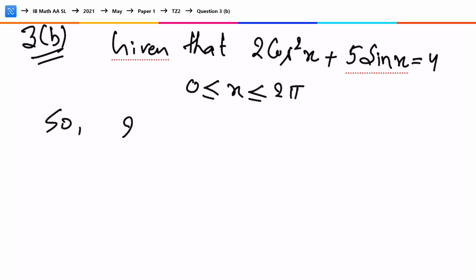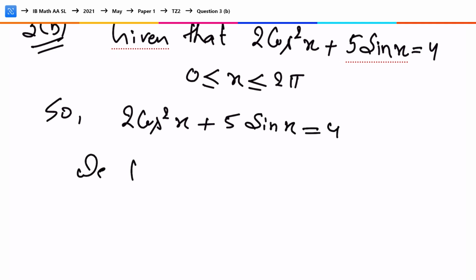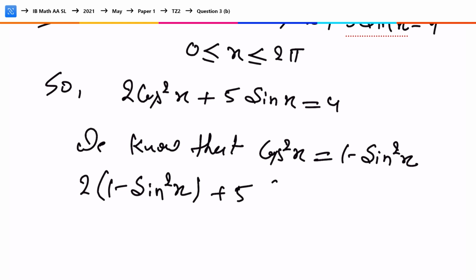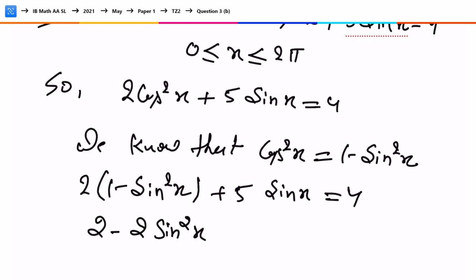We know that cosine squared x is equal to 1 minus sine squared x, substituting this into the equation: 2 times (1 minus sine squared x) plus 5 sine x equals 4. This simplifies to 2 minus 2 sine squared x plus 5 sine x equals 4.